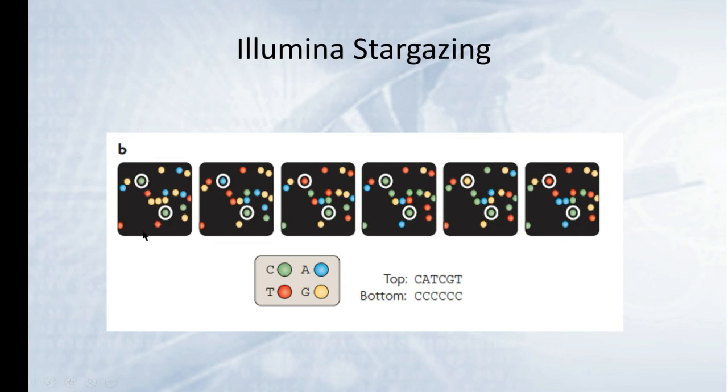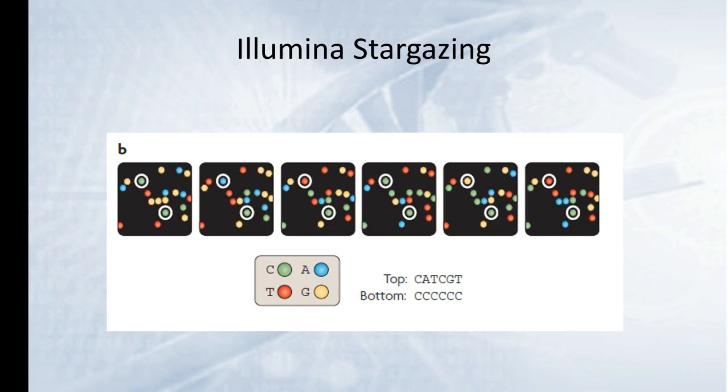After the first cycle, the instrument takes fluorescent micrographs all up and down the slides, and this generates a tremendous amount of information. That information is then processed to determine that at this cluster, in this spot, this was a C. In this other one, this was also a C. You can see that there are other nucleotides being added, and then that color has to be washed off in that cycle.